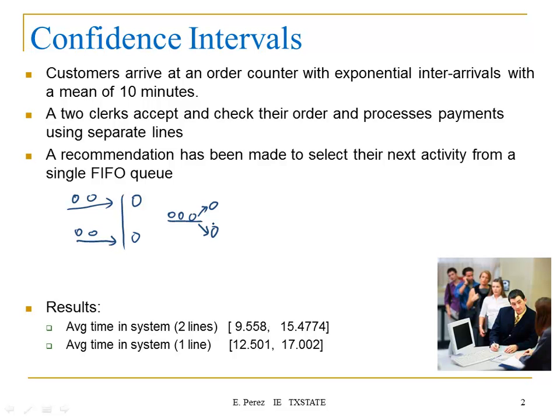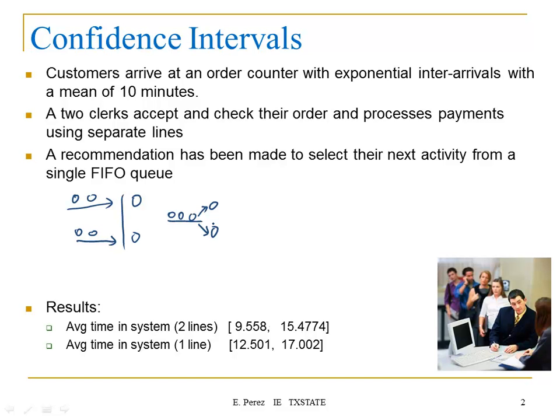We developed a simulation model for the real system, which was this one. And we ran some experiments. We also collected information from the real system about the time that the customer spent inside the system. And then we built a simulation model for the second system.